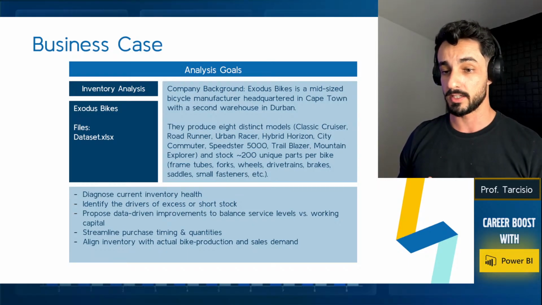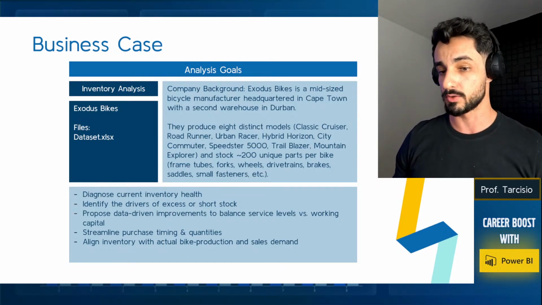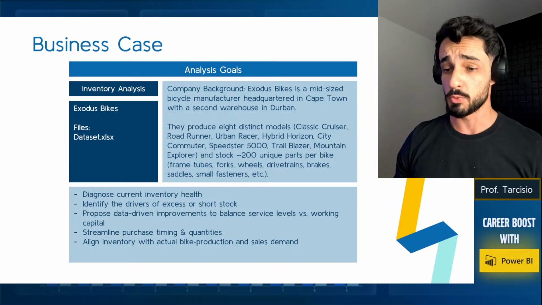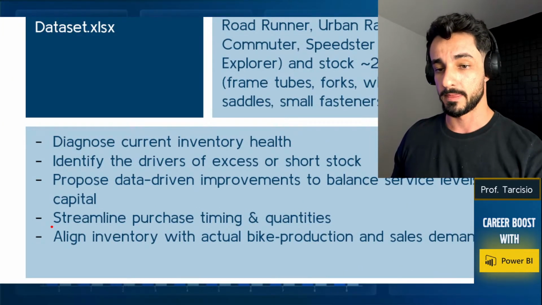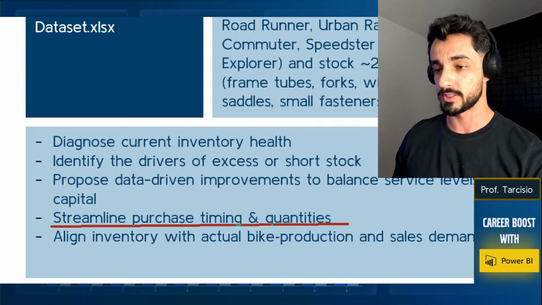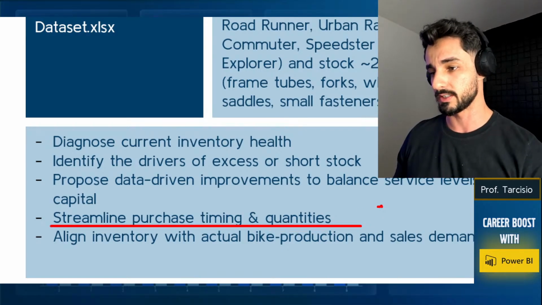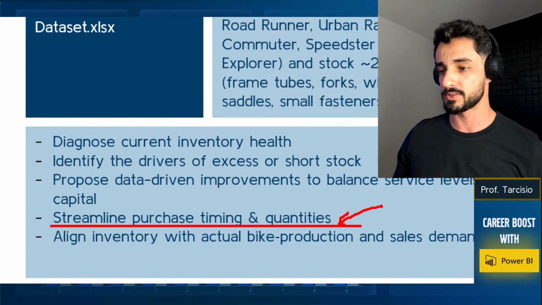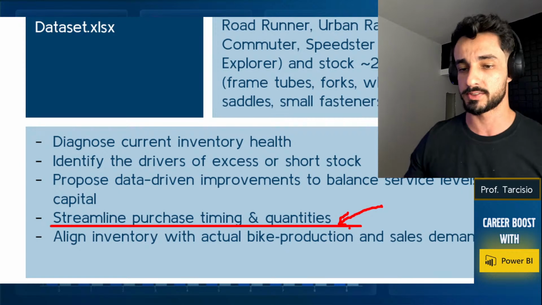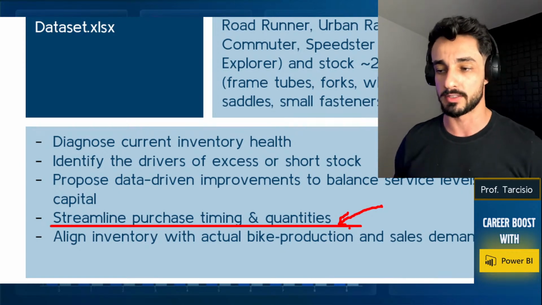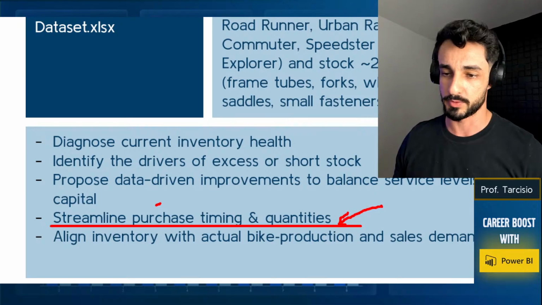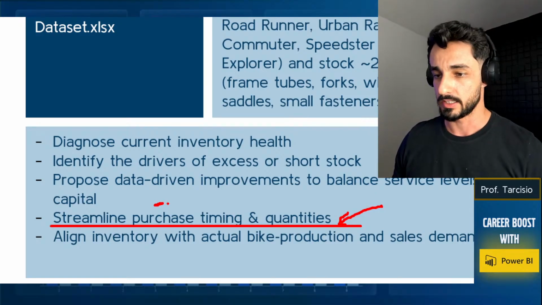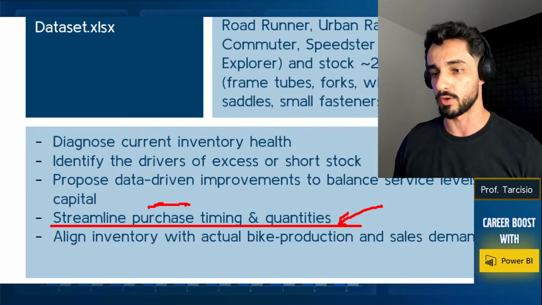And the streamlined purchase and timing quantities is not something that is going to be 100% accurate, because I believe first we want to address the analysis of the current situation. You are going to see that we have a table with some purchase orders.